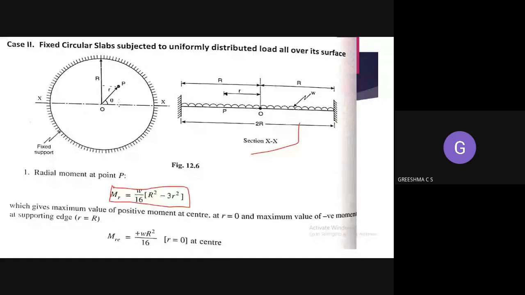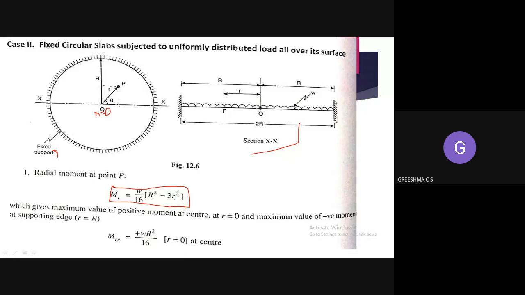Here you have positive moment and negative moment, neglected. You can say that the maximum moment occurs at the center, where r is equal to 0. At the center r is equal to 0, so we substitute r is equal to 0 in this equation.